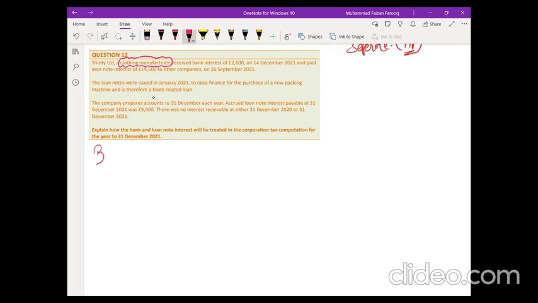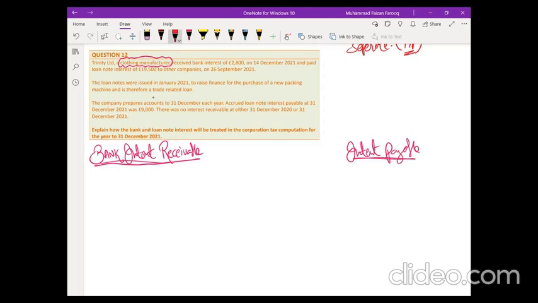First of all, you have to categorize it. The first category will be bank interest income. So we are not writing income here; for income we are writing receivable, and for expenses we are writing interest payable. Now, one by one, we will discuss.